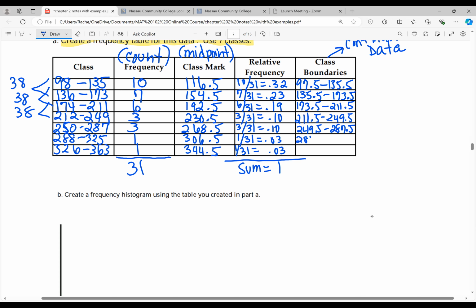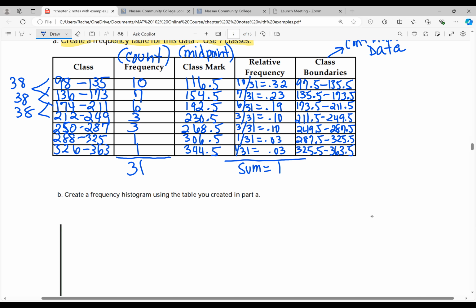We're going to go from 287.5 to 325.5. And then last, we're going to go from 325.5 to 363.5.